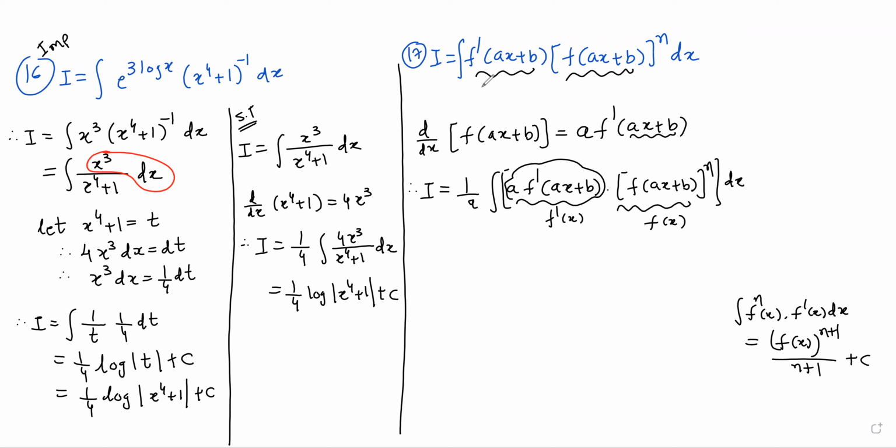According to this formula, here the power is also n. So f of ax plus b whole raised to n plus 1 upon n plus 1 into 1 upon a, plus c. This one is your answer. Got it?